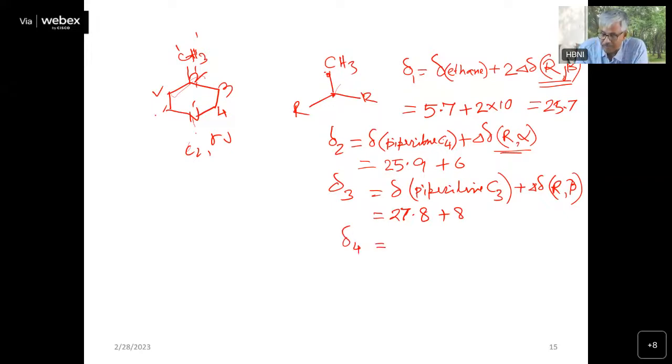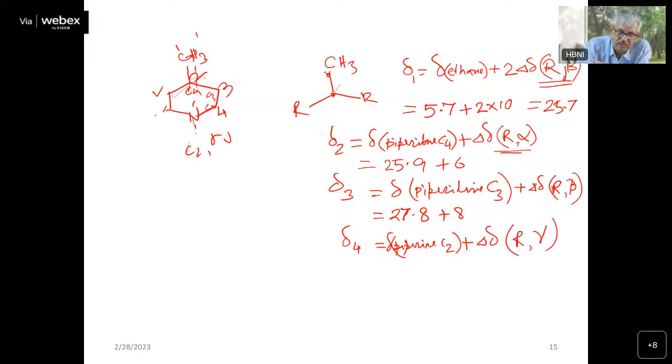Okay, now delta 4 you can calculate. That will be your piperidine C4. So sorry, this will be C4, C3, C2, and this is 1. So this will be delta piperidine C2 plus delta of R at the gamma position.